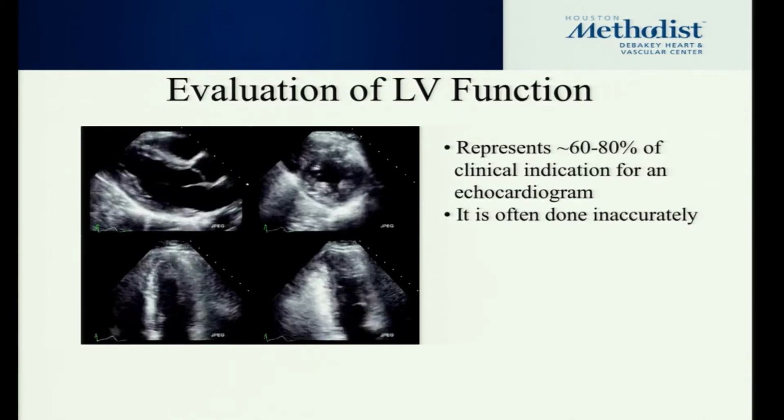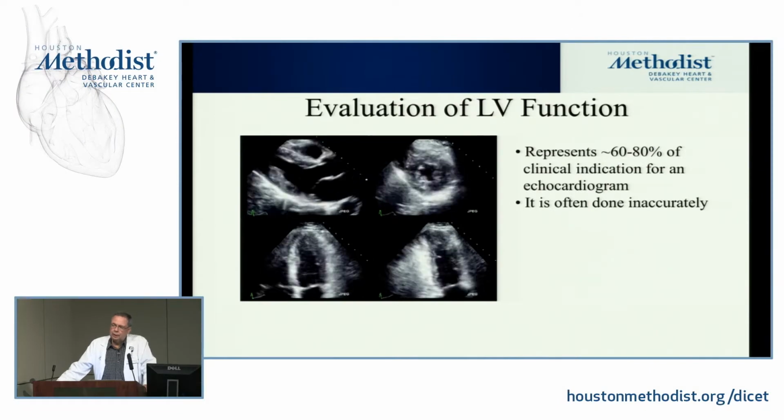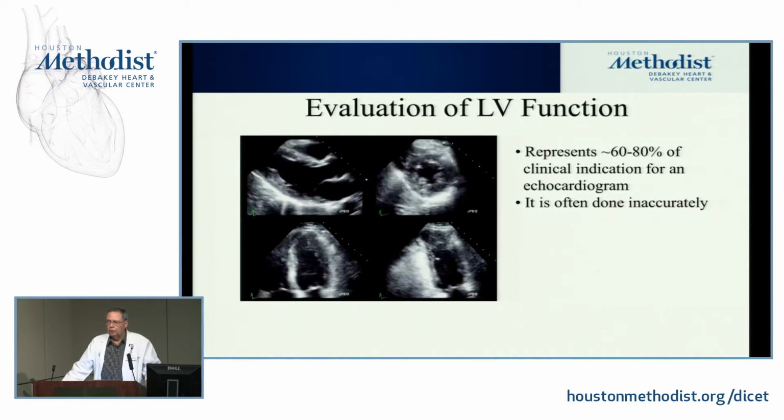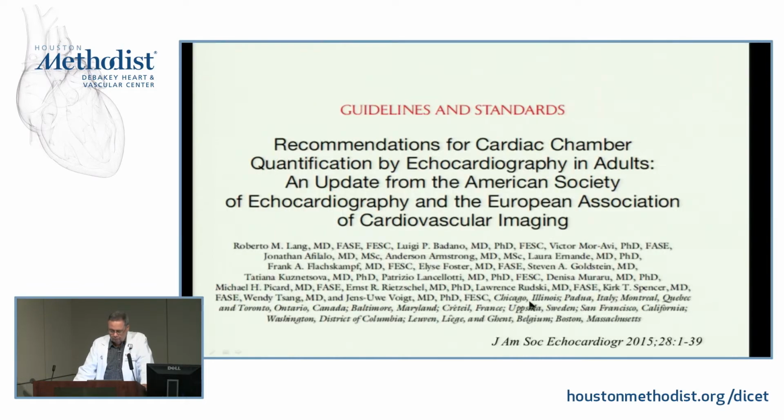And therefore, it's something that we all need to learn to do well, because the truth is that it is not always done properly. And therefore, not uncommonly, there are issues with the accuracy of the results.